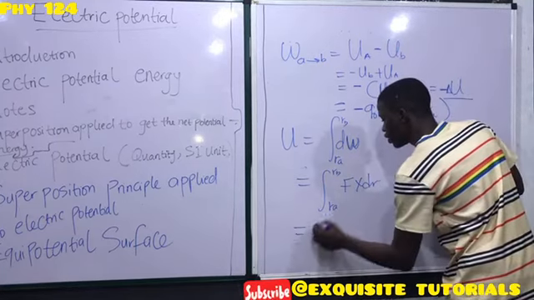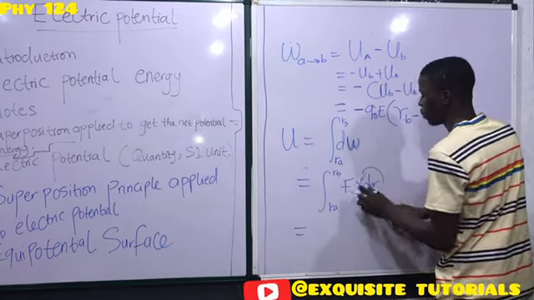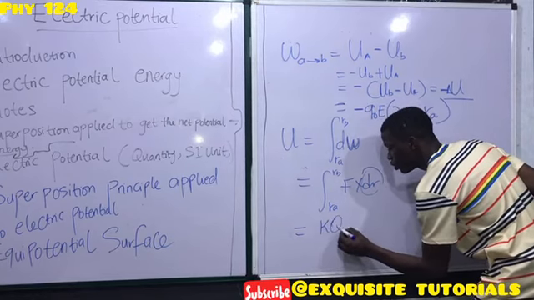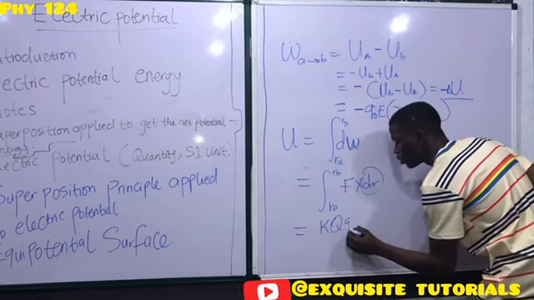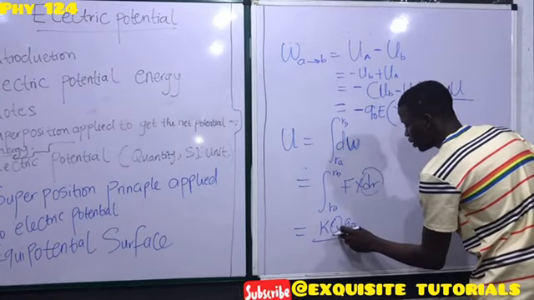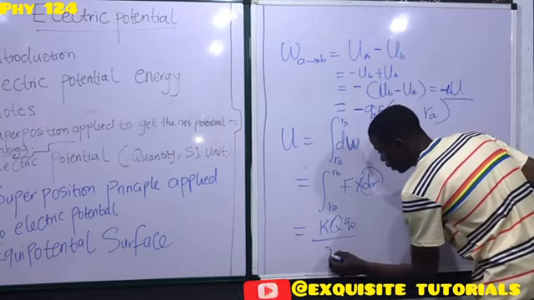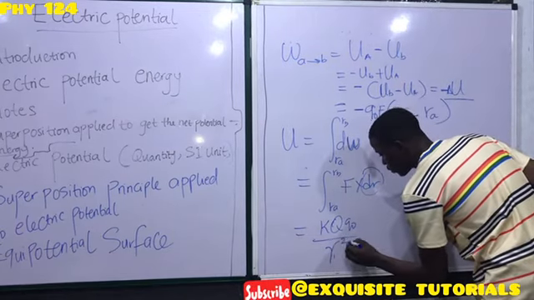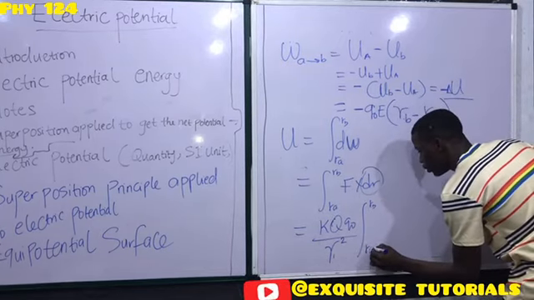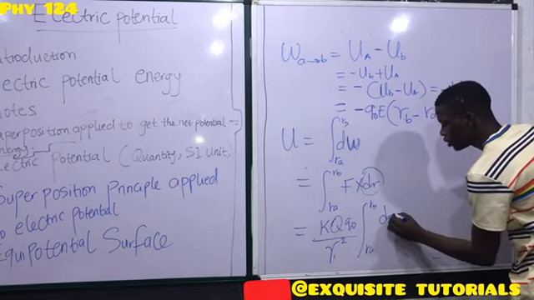So from there I can bring out this F, since we are just interested in the integral of dr. It will now give us F equals K Q Q naught, the reference charge and the test charge, divided by r square.